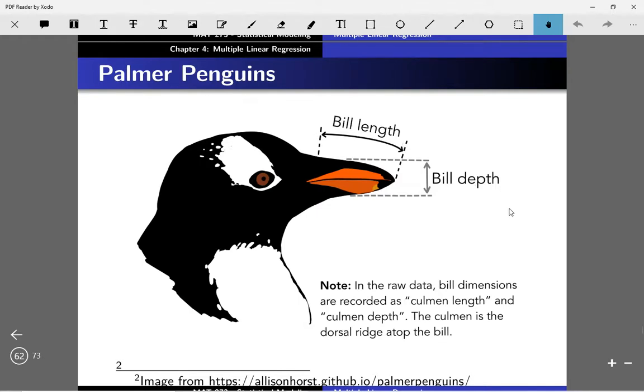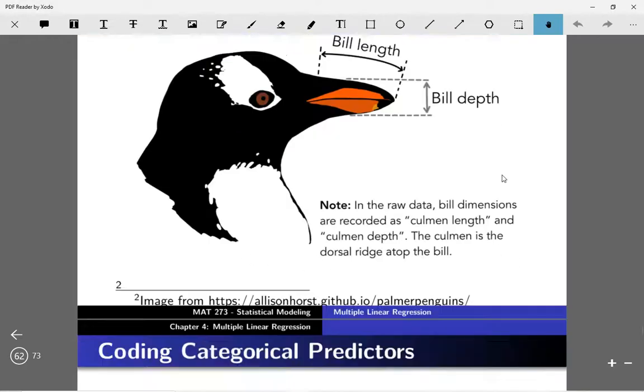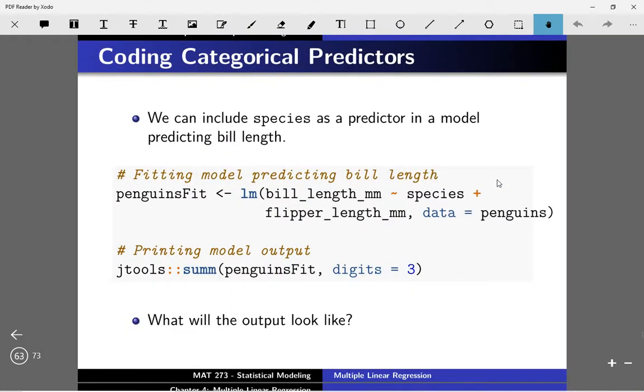This graphic that was included on the GitHub page, this person's website that they made for it, shows how this was measured for the different penguins. Again, we're going to be looking at how we can predict what their bill length should be, using different factors about the penguins, such as their species and flipper length.